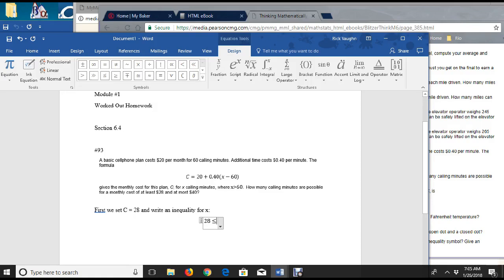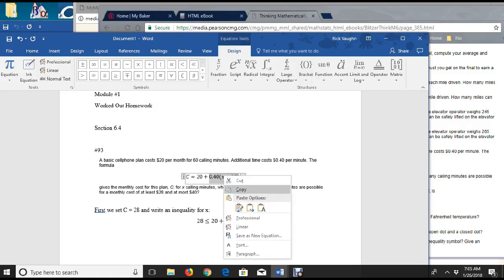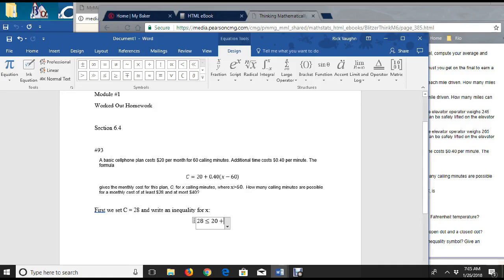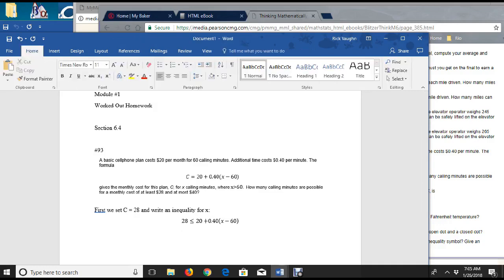So I'll use less than or equal to 20 plus, and I can even copy part of a formula I already have into this formula down here. Solving for x, we get.